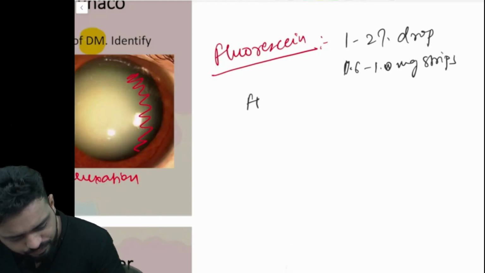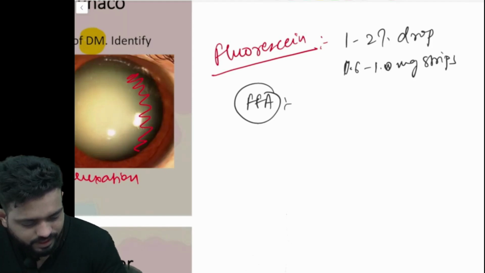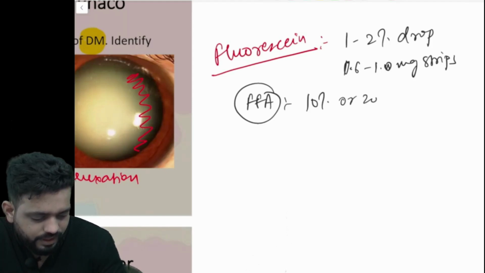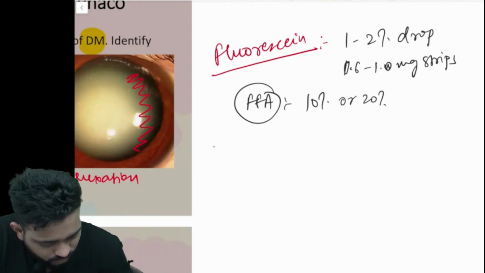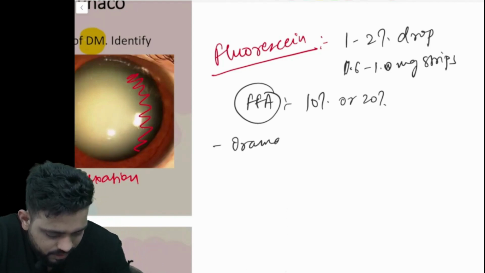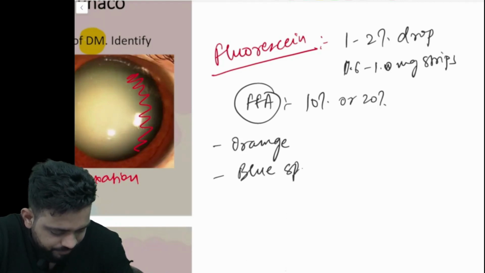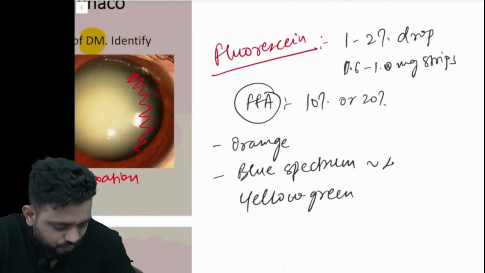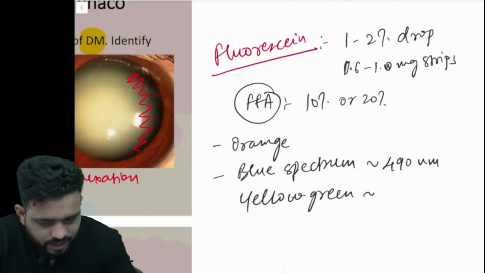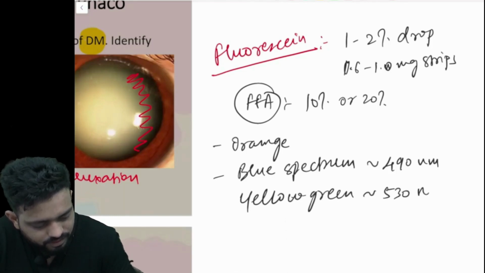For fluorescein fundus angiography, the concentration can be 10% or 20%. So remember the concentrations. Now, what are the properties? It's an orange colored dye. It absorbs blue spectrum and it emits yellow green spectrum. Blue spectrum is around 490 nanometer and this is around 530 nanometer.